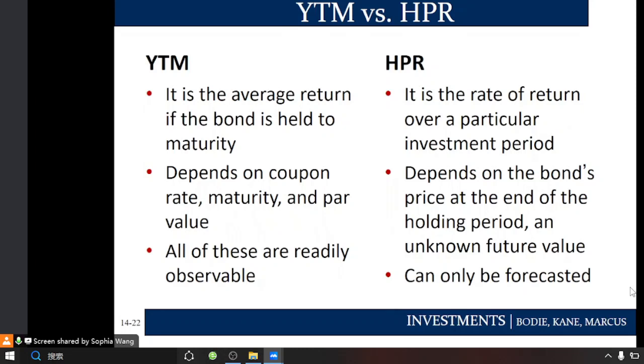It depends on the coupon rate, maturity, and face value. But holding period return is different from YTM. HPR is the rate of return over a particular investment period. You only need the initial value and the final value, then you can calculate the HPR. But if you know the initial value and final value, maybe you cannot calculate the YTM directly.